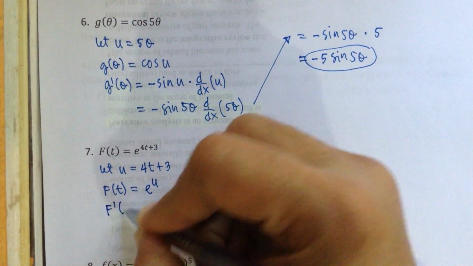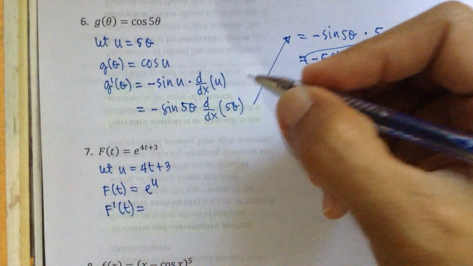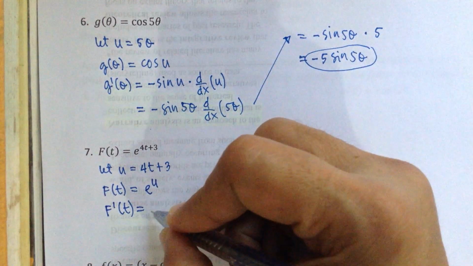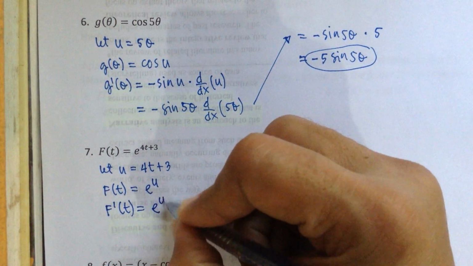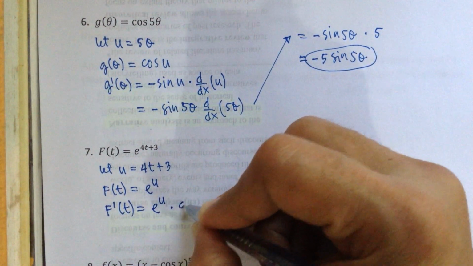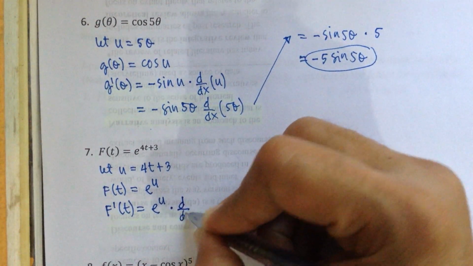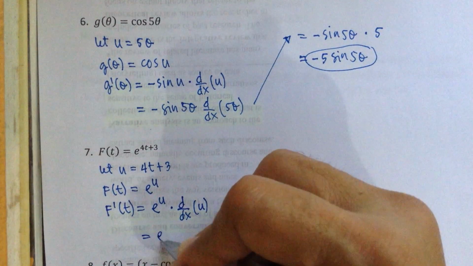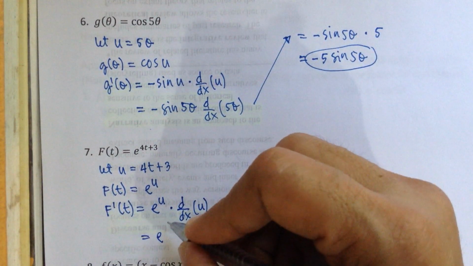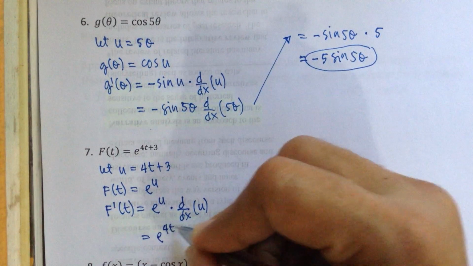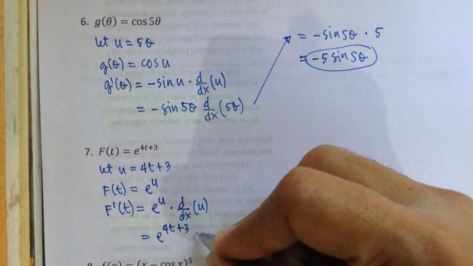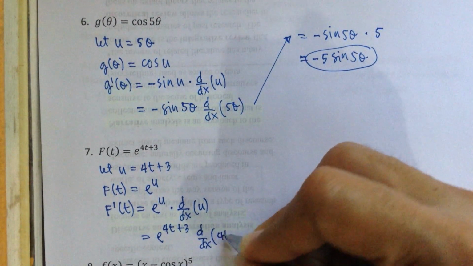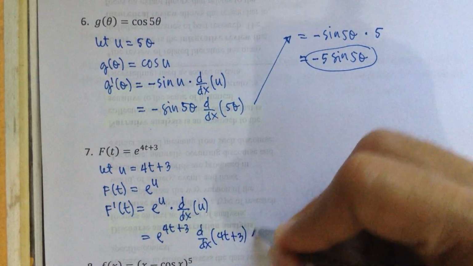Having written that in its simpler form, we now find the derivative. So the derivative is f prime of t equals, now what is the derivative of e to the u? We know that to be e to the u, but according to the chain rule, don't forget the derivative of your u. What is u? U is 4t plus 3, then times the derivative of your u, which is 4t plus 3.